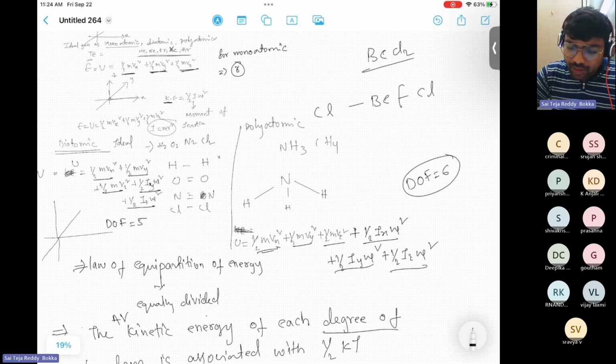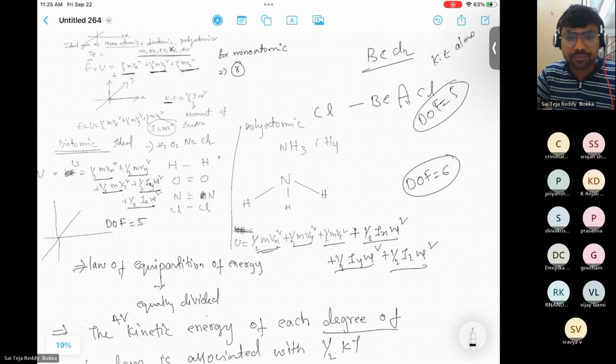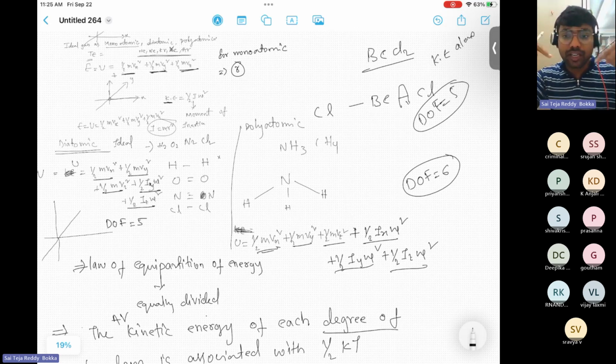Then it will spin, and we will eliminate the kinetic energy along the x-axis. Then DOF will be equal to 5. It is not 6. As it is having a linear shape, while it is spinning through the x-axis, we eliminate the kinetic energy possessed by this body when it is rotating on its x-axis.